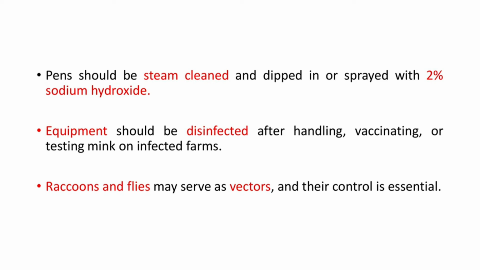Pens should be steamed, cleaned and dipped in or sprayed with 2% sodium hydroxide. Equipment should be disinfected after handling, vaccinating or testing mink on infected farms. Raccoons and flies may serve as vectors and their control is essential.